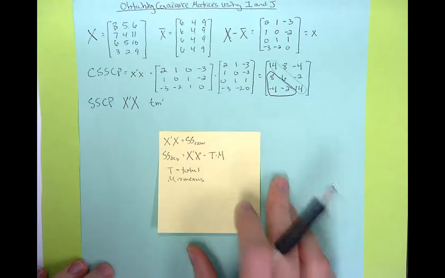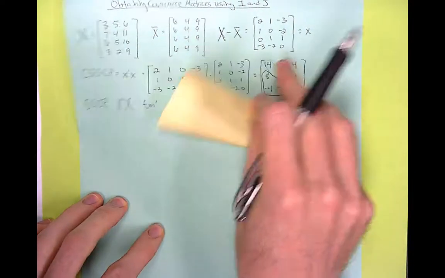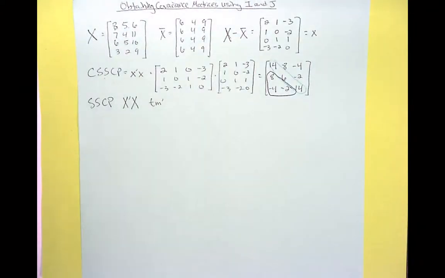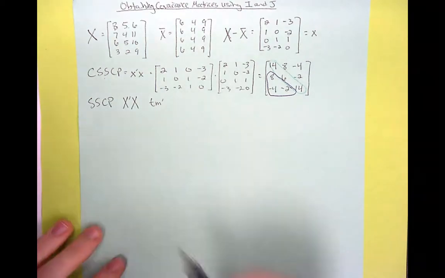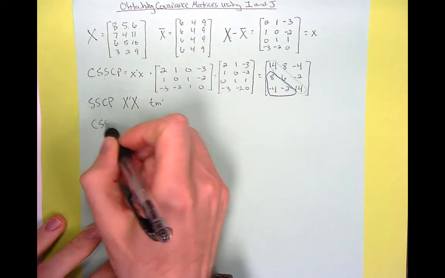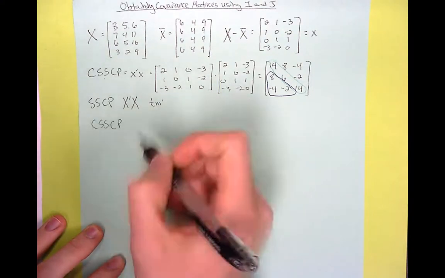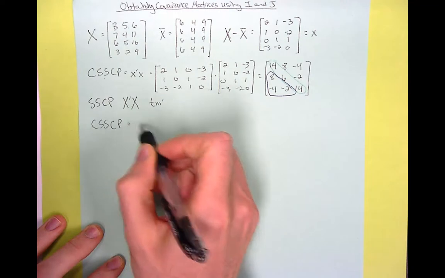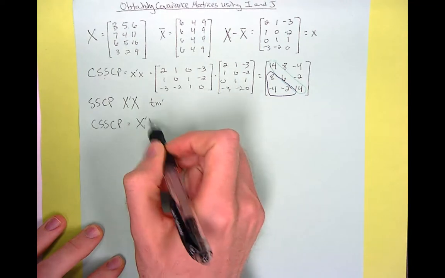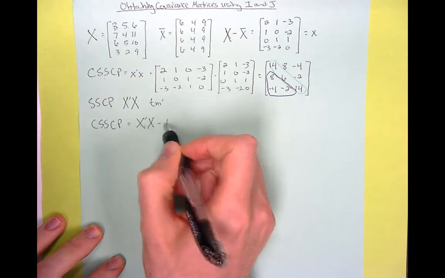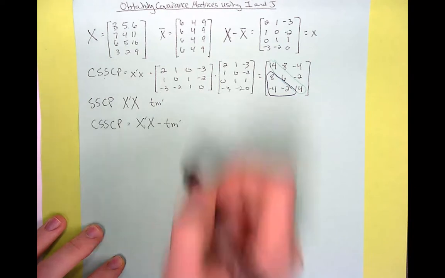So let's go back to a more accurate way of getting a centered sum of squares and cross products matrix. So what we can do is, we have centered sum of squares and cross products equals X transpose X minus total and the transpose of the means.